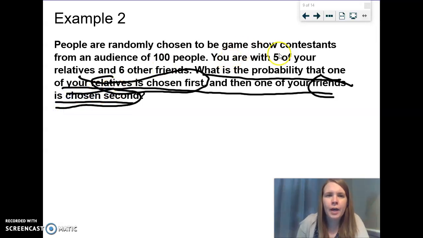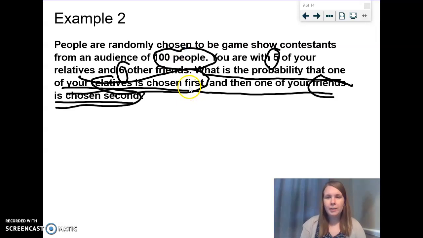We had 5 of our relatives and 6 of our friends, and there's a total of 100 people. So we need to think about the probability of each thing happening. The first one is, what is the probability that one of your relatives is chosen first? Remember, with probability we always take the total amount on the bottom. So there's a total of 100 different people, so there's 100 different choices.